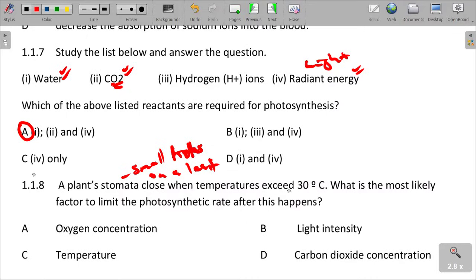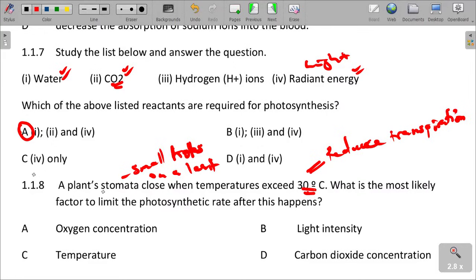They close when temperature exceeds 30 degrees. This has to do with trying to reduce transpiration in order to avoid too much loss of water.